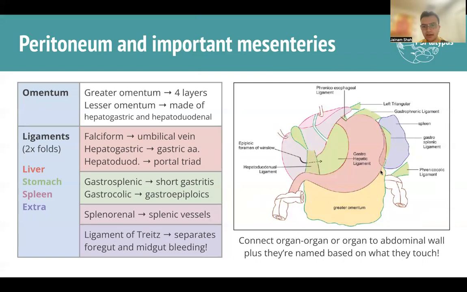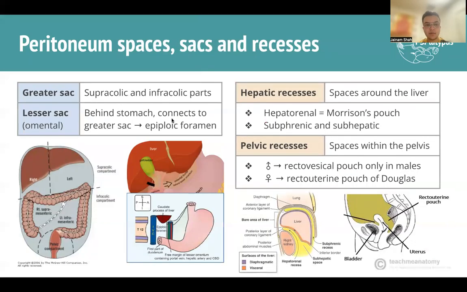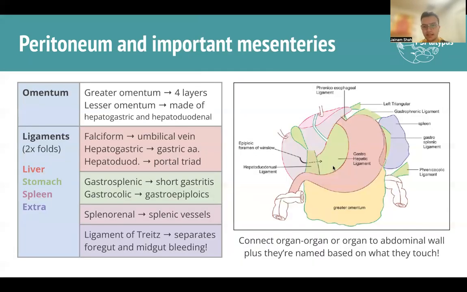You can see the greater omentum is kind of like a bit of an apron that covers the entire small intestines, large intestines underneath the stomach. And then the lesser omentum, which is actually composed of the hepatogastric and hepatoduodenal, they actually cover the lesser sac that we talked about before. So you can see that here in green, okay?